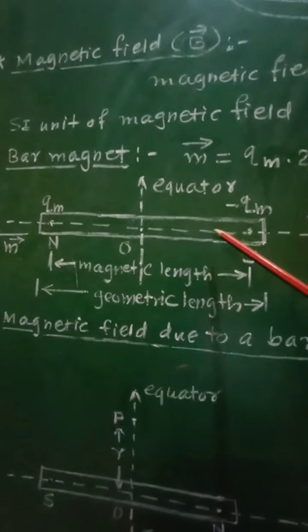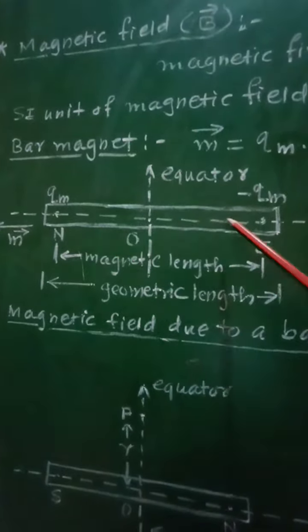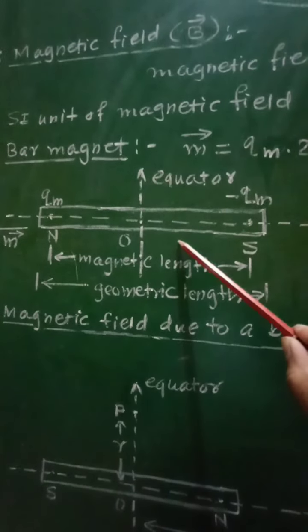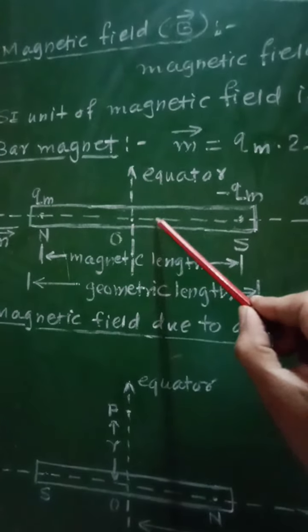So in this diagram we will consider North Pole and South Pole. They will be separated by the distance 2L.